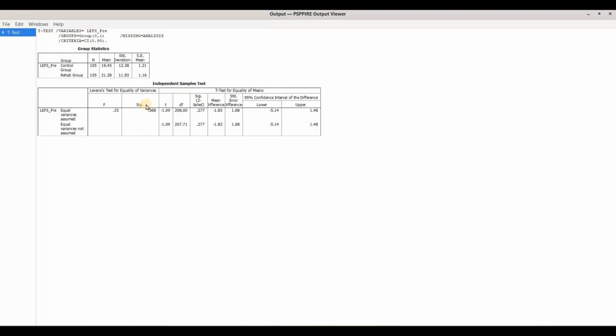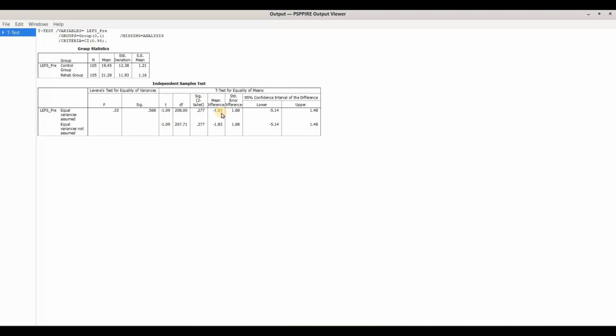So this significant value here is about the Levene's test. So we're not really focusing on this here, right? I want to focus on this two-tailed significant value. And here it's 0.277. So this is telling us that because it's greater than 0.05, we would fail to reject the null hypothesis that states that the mean of the control group equals the mean for the rehab group.